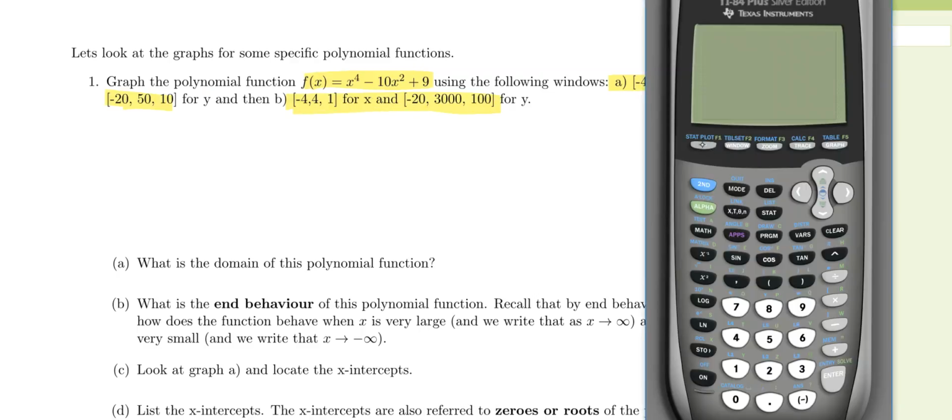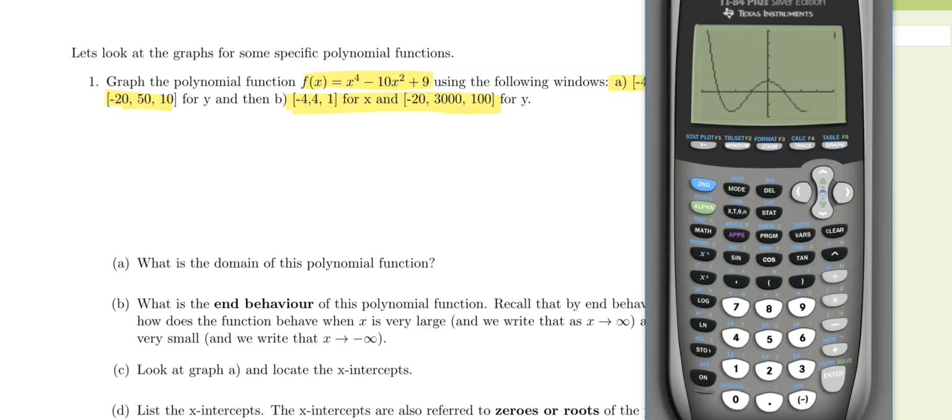So if you go to y equals and plug in the polynomial function, and then to the window, let's put negative 4, 4, and then 1, and then negative 20, 50, and then 10. And let's see how the graph looks like.